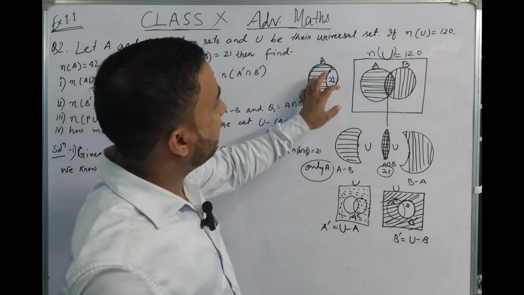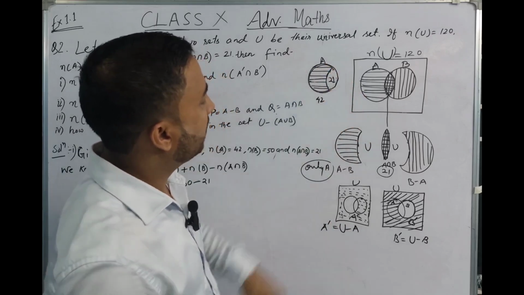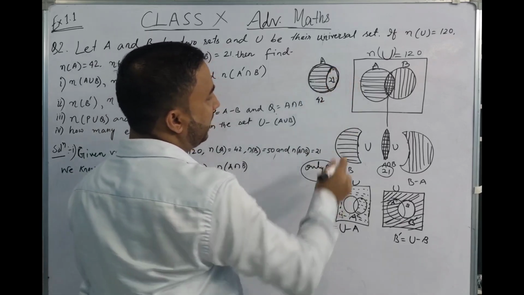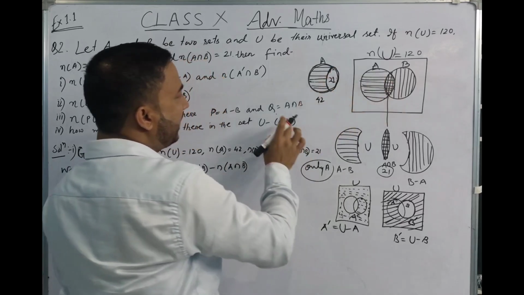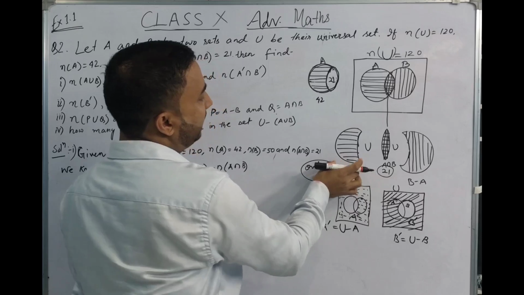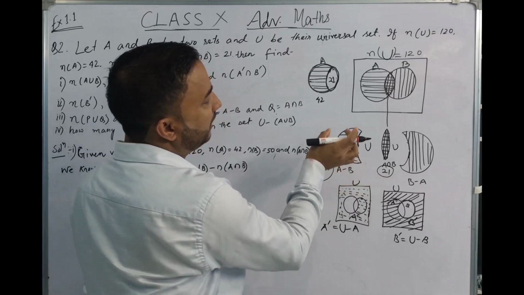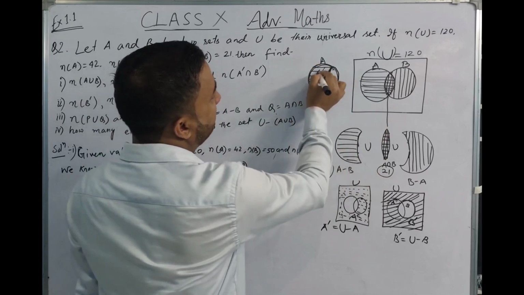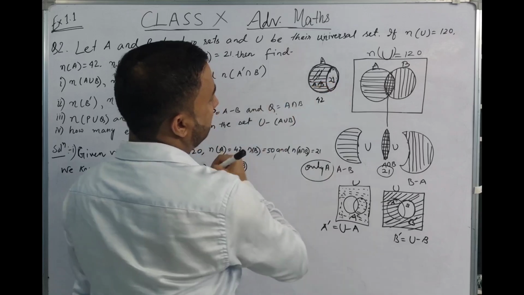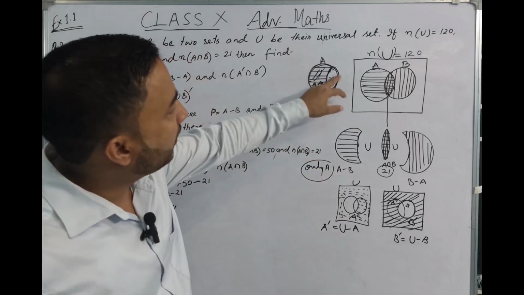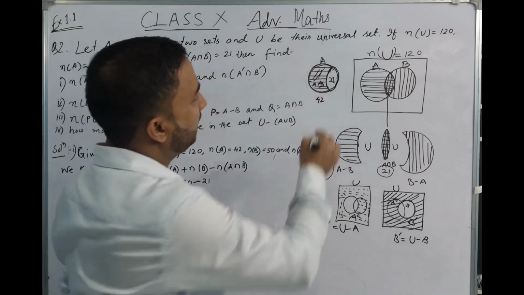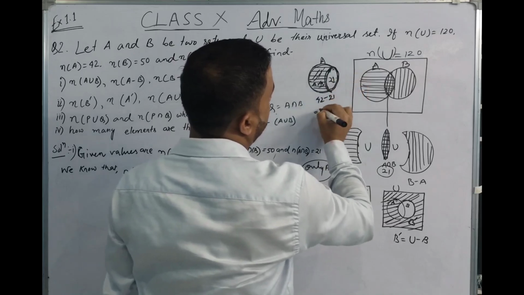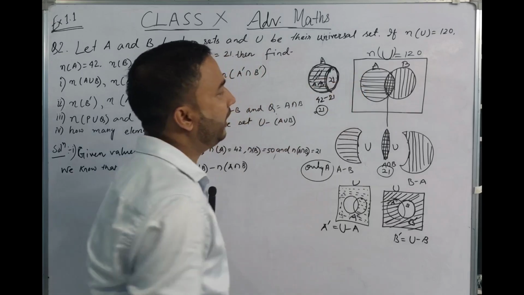This part is only for A, but this part is common to the sets A and B. So A difference B means the elements which belong to only A. Here we have to take this part. This is A difference B. Now what will be the number? Total we have 42. Out of 42, we have to subtract 21. That means 21 elements will be there in the set A difference B.